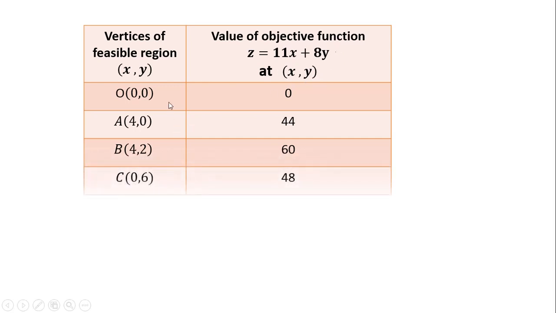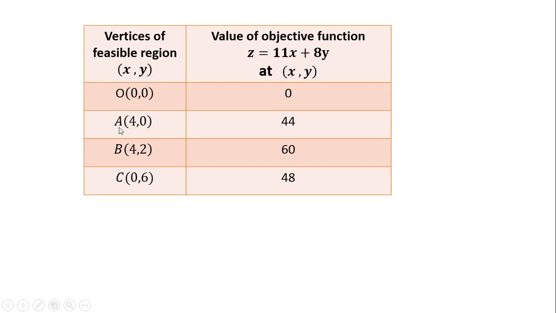So these are the corner points, with x coordinate and y coordinate. We substitute these values of x and y in the objective function. Here x is equal to 0, y is equal to 0. 11 into 0 plus 8 into 0, 0 plus 0, we get the value of z is equal to 0.